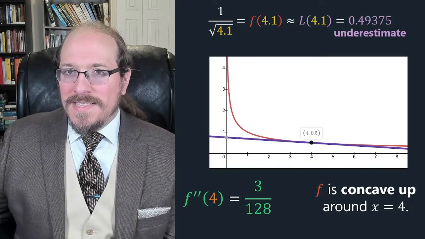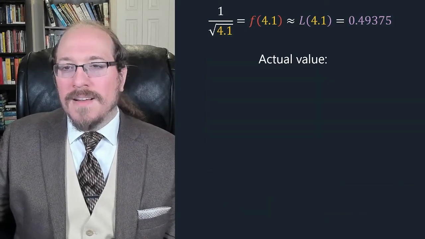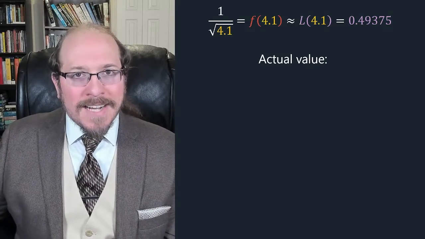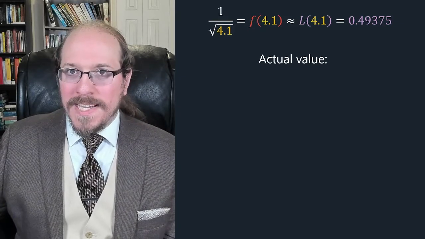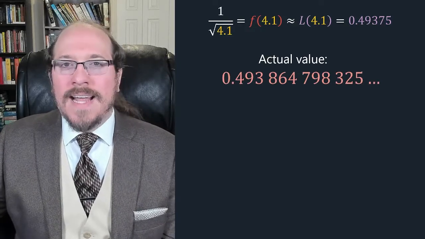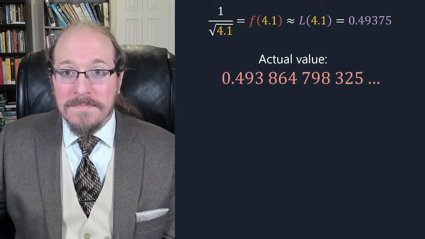Now, since the clock's not actually running, let's go ahead and peek at the calculator to see how close our approximation really is. The actual inverse square root of 4.1 is, drumroll please, 0.49386479832. Okay, you get the idea. It's irrational, so it goes on forever.